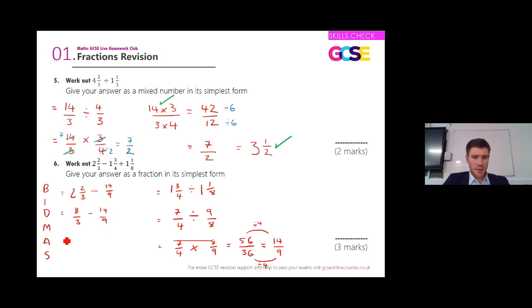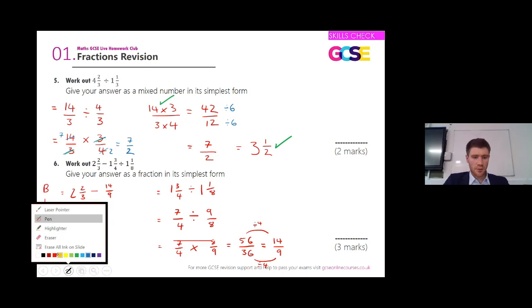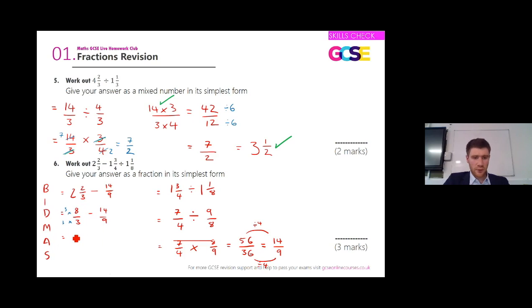The first one to change is 8 over 3. I multiply the fraction, both top and bottom, by 3. If I do that, I'm going to end up with the same denominator as the fraction on the right. So I multiply top and bottom by 3, and I'll get 24 over 9, subtract 14 over 9.